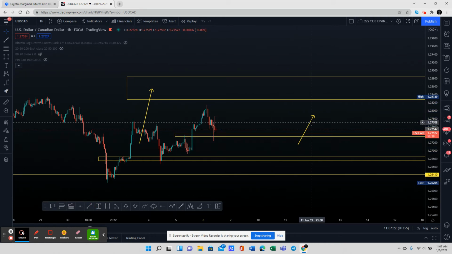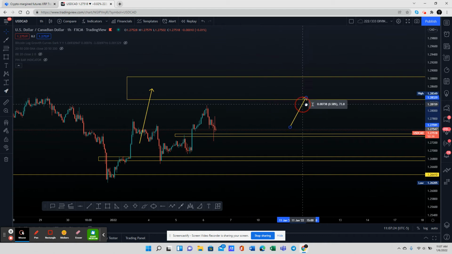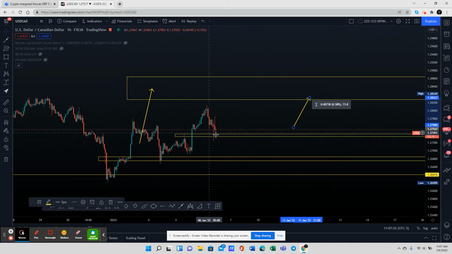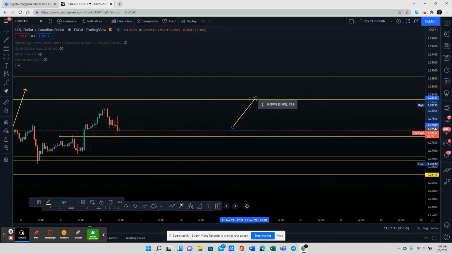Okay, let's take all this stuff off. All right, so you see, we came down 61, actually went a little lower, which was fun.